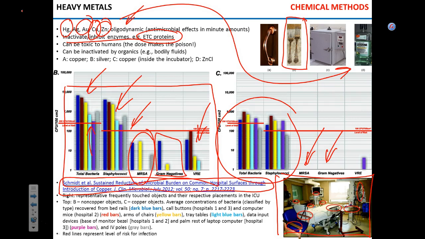Same goes for faucets. The price of copper plating bed rails on one hospital bed is $15,000 because you have to ship it out, disassemble it, plate it, assemble it back, ship it back.